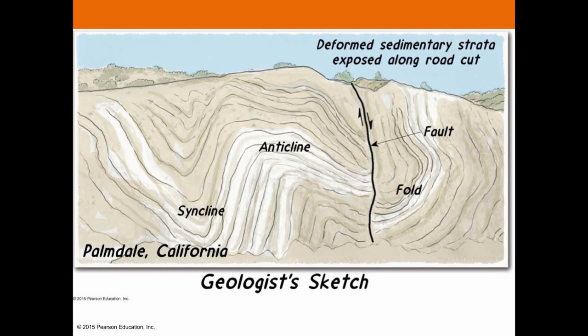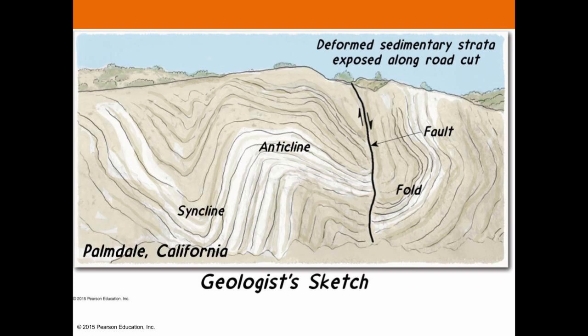So, you took a few seconds, hopefully you paused the video to take a good look at it. Now let's look at this sketch detailing what's going on. Notice here, the sketch outlines a syncline, an anticline, a fold, and a fault. These we're going to go deeper into as usual, but the important thing to catch here is the geologist's sketch outlined the white band of strata, the white band of geology, and it defined certain key points based on that white band.